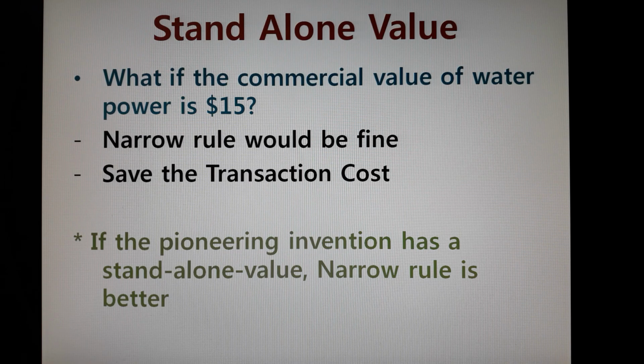Because once Kate's patent is defined narrowly and Kate invents the pioneering invention of water power theory, then, read in the patent office or academic journal, the engineering professor Jane can use the water power theory and make the water car. In this process, there's just no need for Kate and Jane to negotiate.